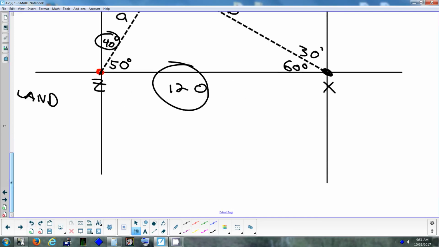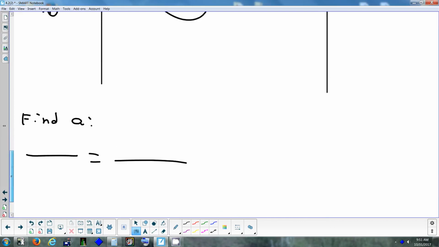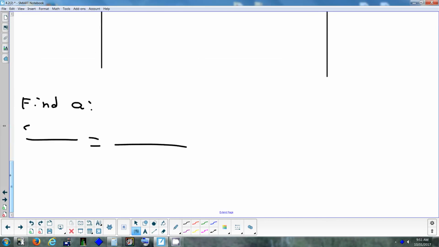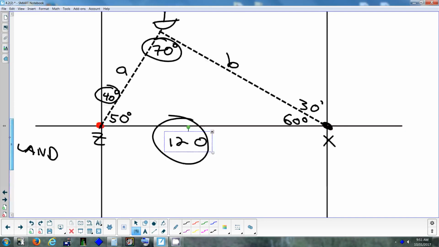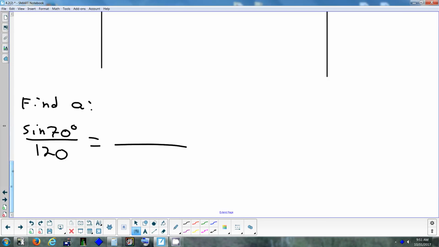So now, let's find A. Right, so take sine of an angle, divide by what's across from it. Sine of 70 over 120. And if you want to find A, you're going to use the angle that's across from it. If you were making a table, that's the one that would be in the other column. Sine of 60 over A.